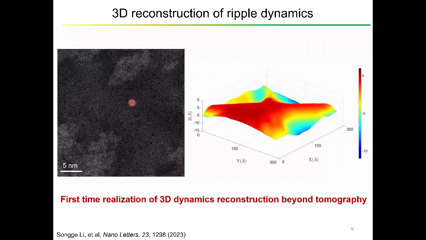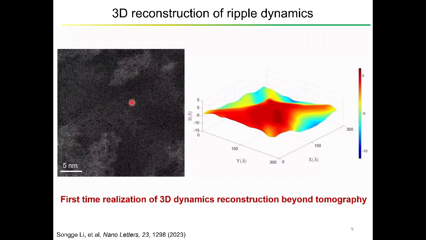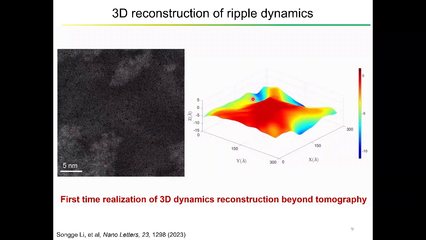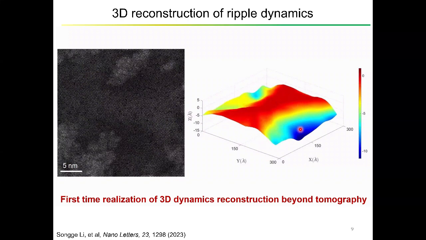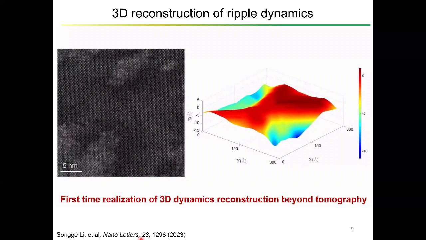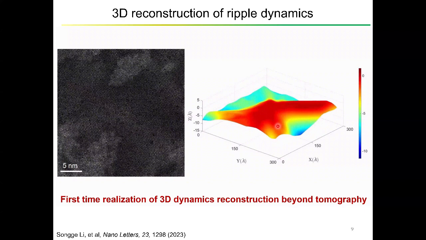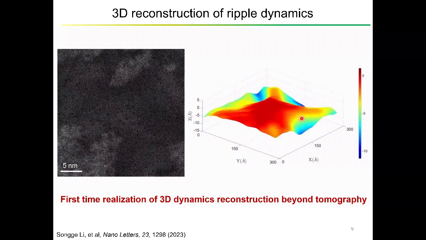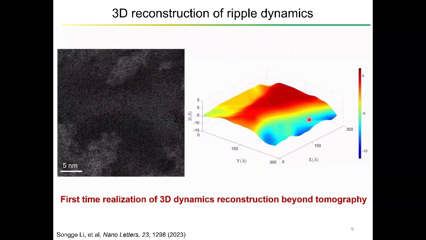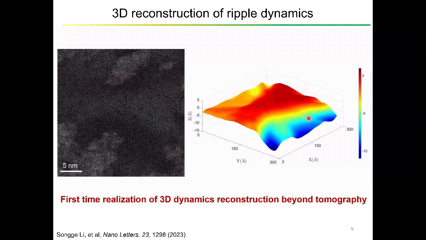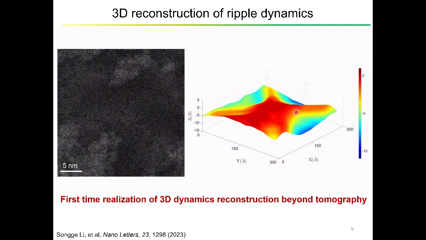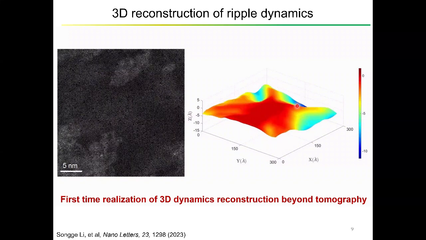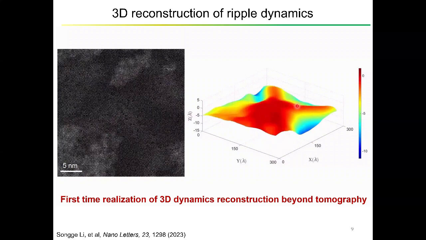I think this is the first time seeing the dynamics of a 2D monolayer excited by the electron beam. And in this reference, we also calculate that the electron beam has a local heating effect that can affect the three-dimensional dynamics of the 2D material, that is, its vibration mode.